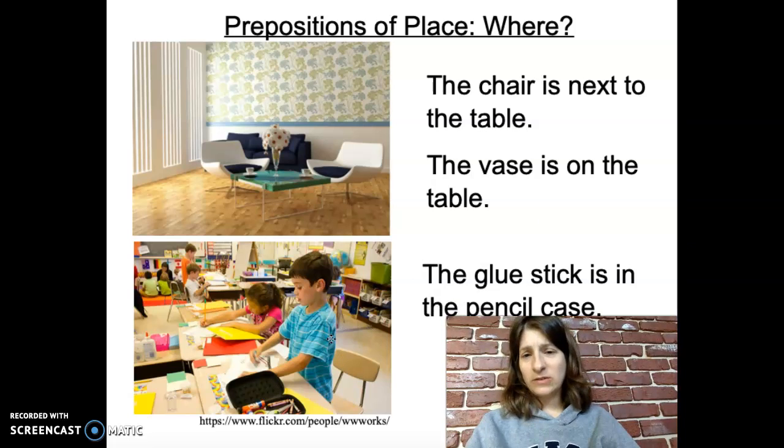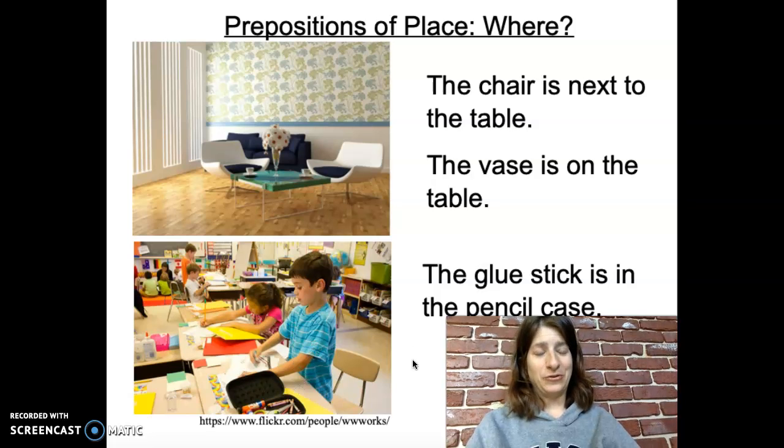I could also say the boy is next to the girl. The folder is on the desk. The kids are behind the set of desks. Their feet are under the desk.